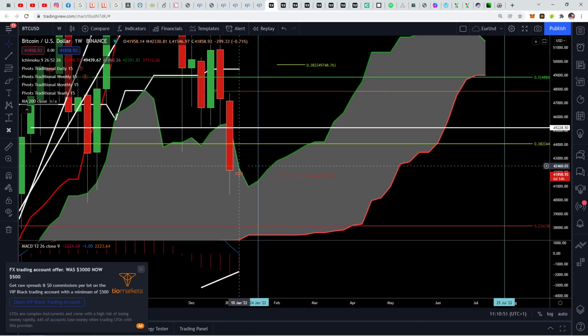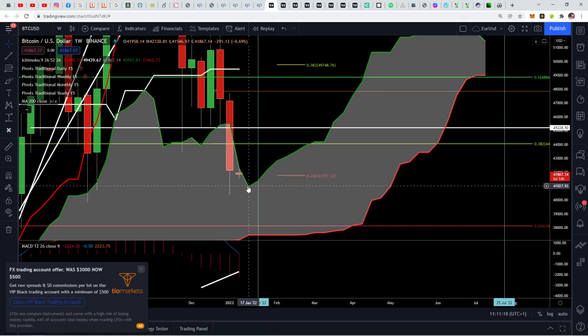So if we look at next week, this week, I have to say, this week's close on Sunday, if it closes above the cloud, let's say above 42,300, which means that it will open above the cloud one step out, and you have a little bit more room down to the upper cloud the week after, which would be 40,965.